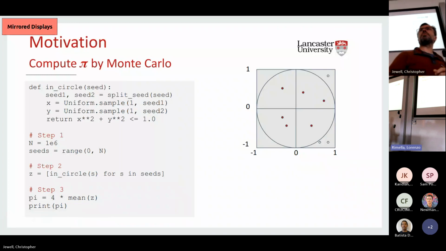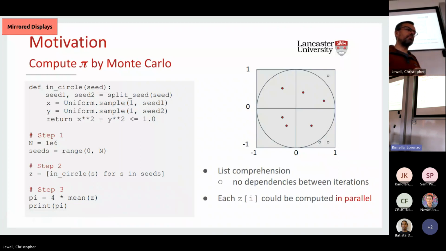We could all go away and implement this thing and run it. But the 2 things to note really are, first of all, this list comprehension thing. If I wrote it out in longhand as a for loop, I'd probably have an index i that goes from 0 up to n-1 in this case.